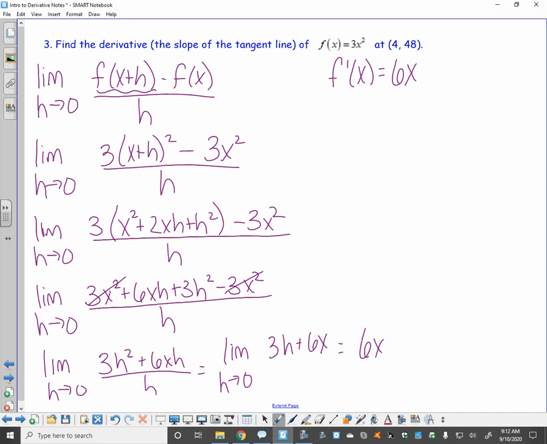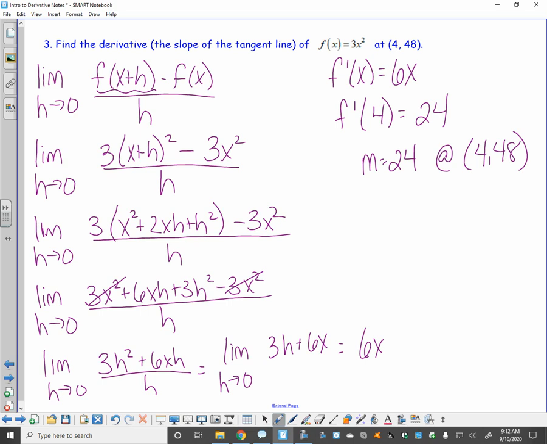And again, the derivative is the slope of the tangent line at any given point. You give me a point, I can tell you what the slope of the tangent line is at that point. They have given me (4, 48). So I want to find f prime of 4, which is 24. What that means is the slope of the tangent line at (4, 48) is 24.